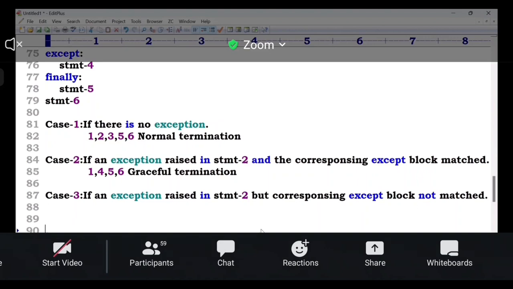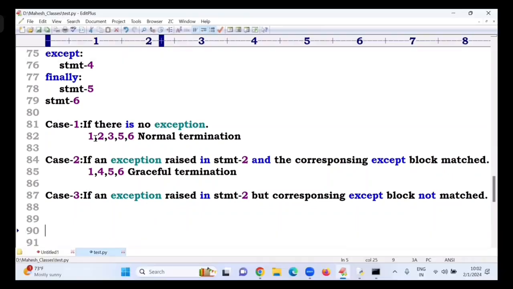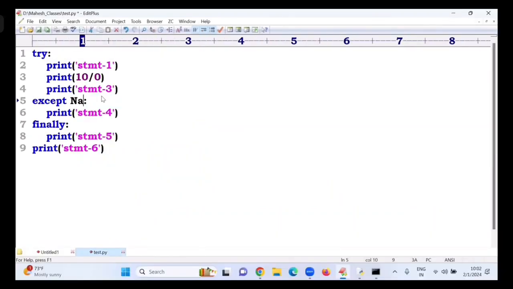This time, in the same statement 2, I provided exception 10 by 0, but instead of zero division error, I have given name error, a class mismatch. Now, which statements will execute, sir? 1, 5, 6.